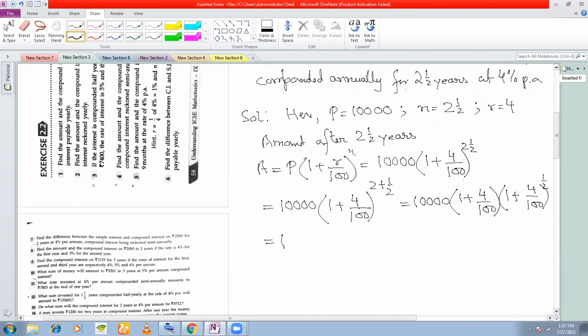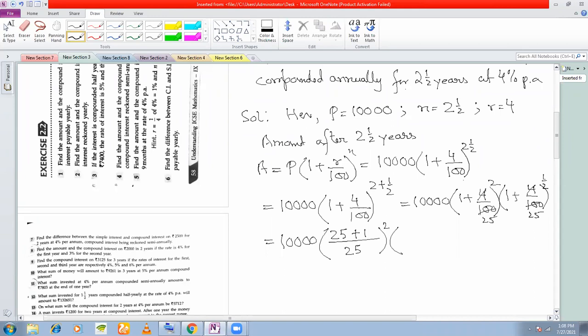Okay, so this is 10,000. If you want, you can cancel here 25, and here also you can cancel 25. You forgot to put a square on the first 1 plus 4 by 100. Now you can take the LCM here also, 25 plus 1 square.